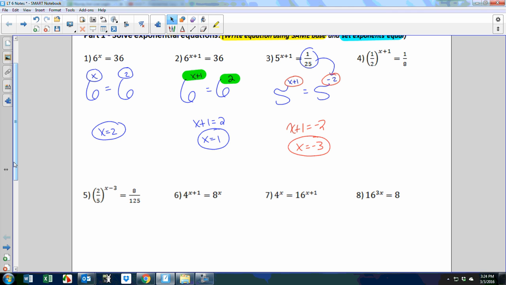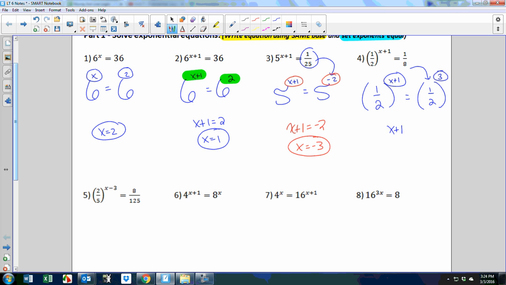Hopefully you paused the video and tried them yourself. But number 4, the common base would be 1/2. And if you rewrote 1 over 8 as 1 over 2 to the exponent blank, hopefully you realize 8 was 2 cubed and 1 is 1 cubed. So you could write that as 1/2 cubed. So your bases are the same, your exponents must be equal.